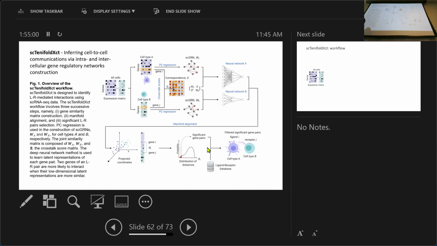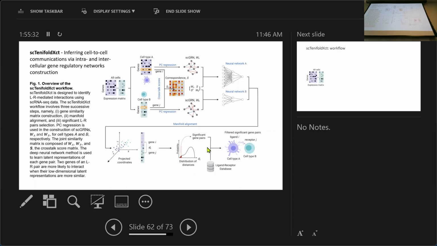If you have a really strong, really large value in this relationship, the distance in the low dimensional space would be very close. Two genes close together, one from cell type A and another from cell type B, potentially means a stronger correspondence, because they have information in the corresponding matrix group.